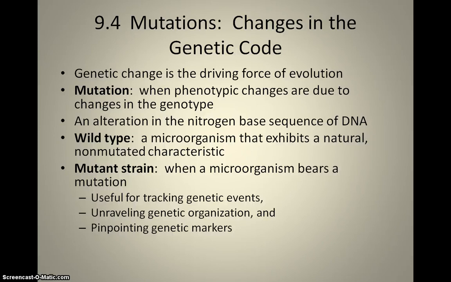So if we had a wild type organism and a mutant strain, whatever gene we had messed up or eliminated in the mutant strain, we could see the difference between the phenotypes of the two organisms, and then infer something about what that gene's job is.